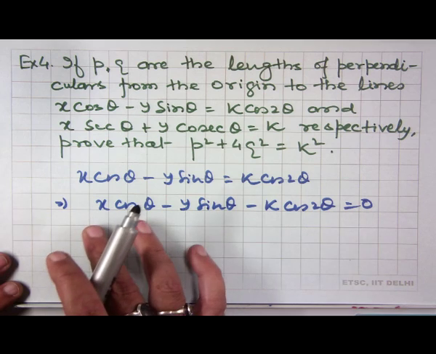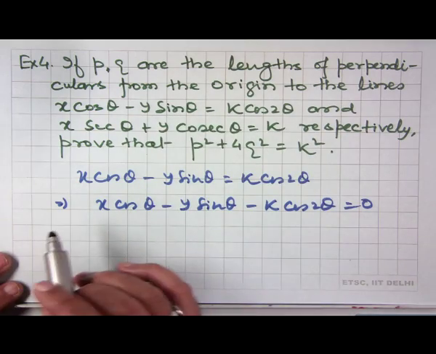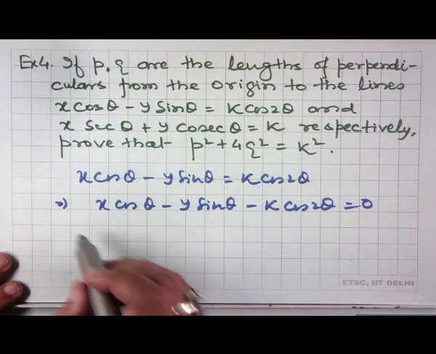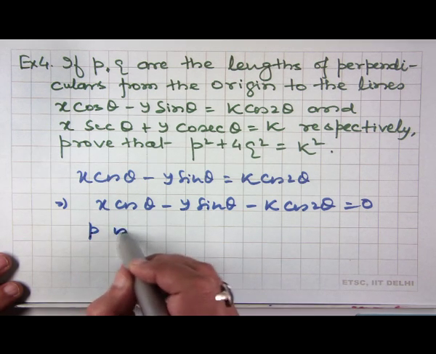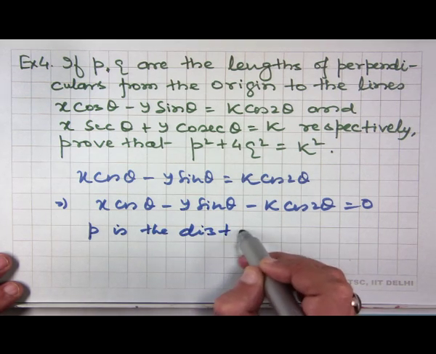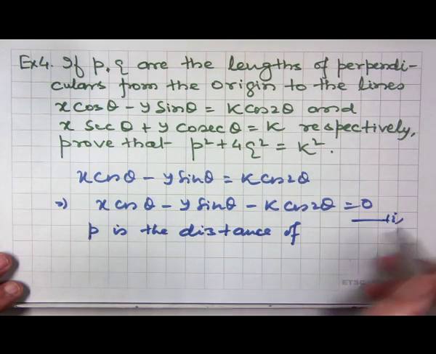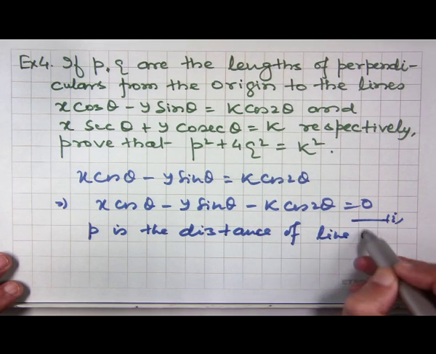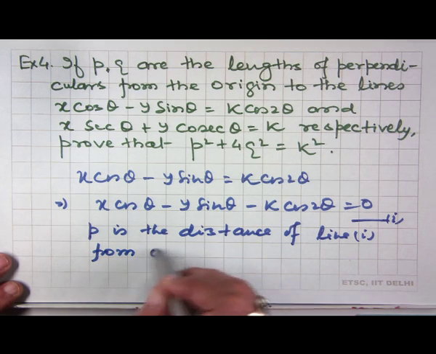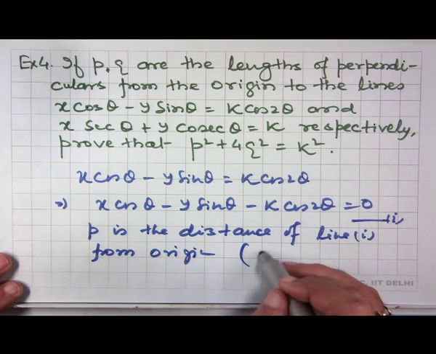So the distance of this line from the origin is given as P. So P is the distance of line 1 from the origin. This is according to the question.